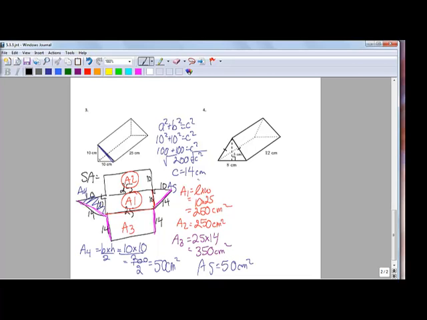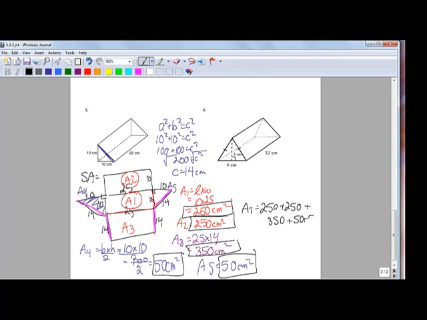We've done it. It's time to add up our 1, 2, 3, 4, 5 sides. Area total, 250 plus 250 plus 350 plus a 50 plus a 50.